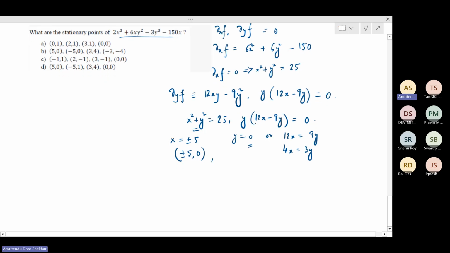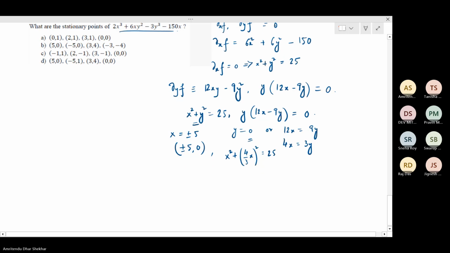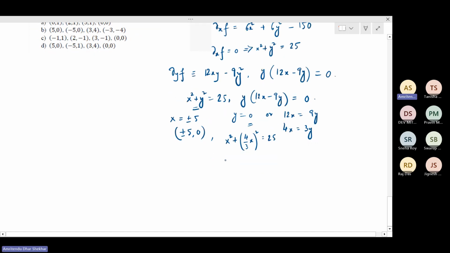The other set of critical points are given by 4x is equal to 3y. If you substitute y is equal to 4x by 3, then you get x squared plus 16 by 9 x squared is equal to 25, which is 25 x squared is equal to 25 times 9. So x squared is equal to 9, so x is equal to plus or minus 3.